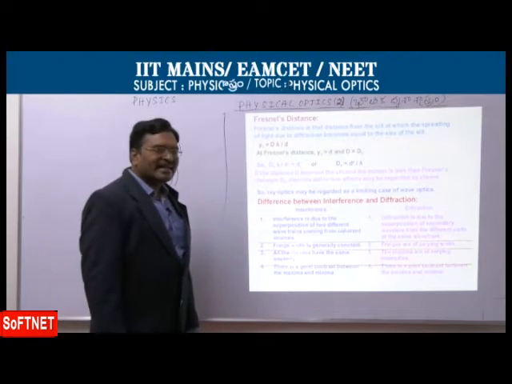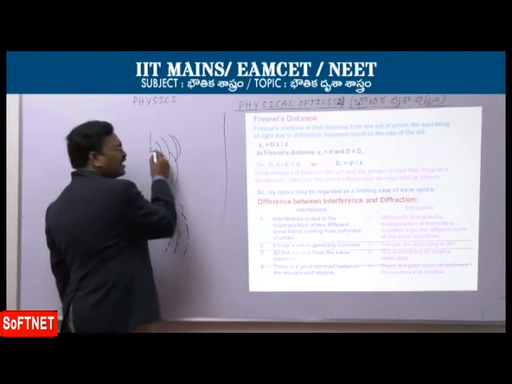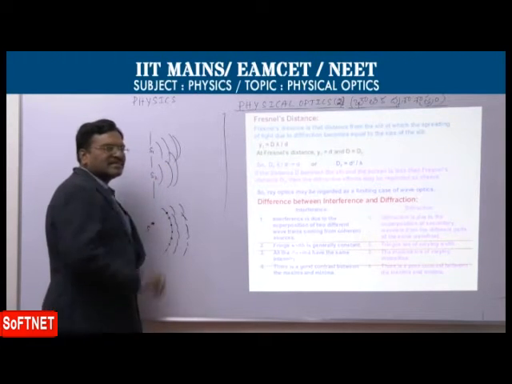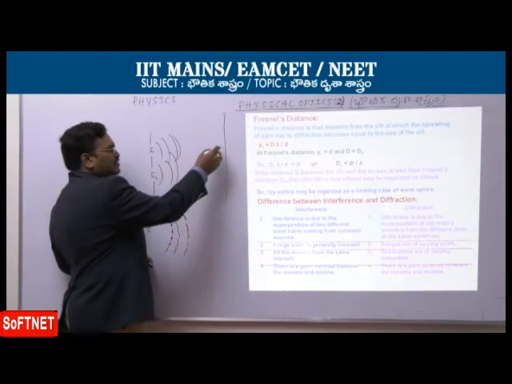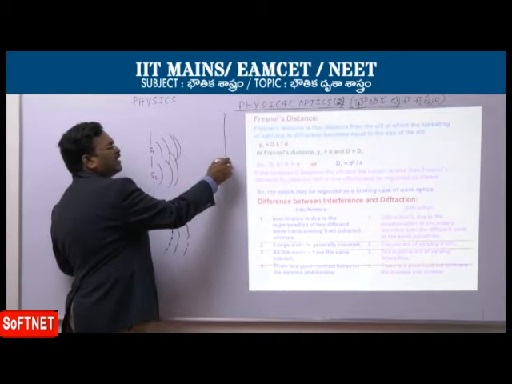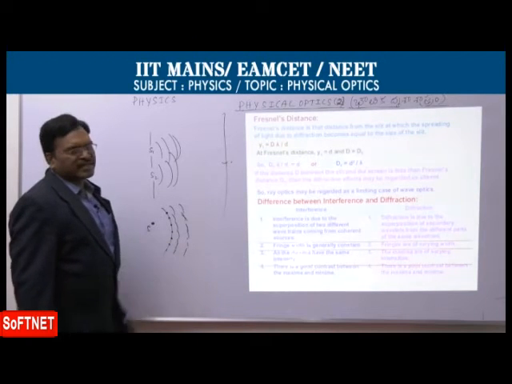Understand now, interference means what? Superposition of light waves coming from two coherent sources. What are we getting here? Alternate bright and dark bands formed on the screen. So we are getting variation in the intensity.